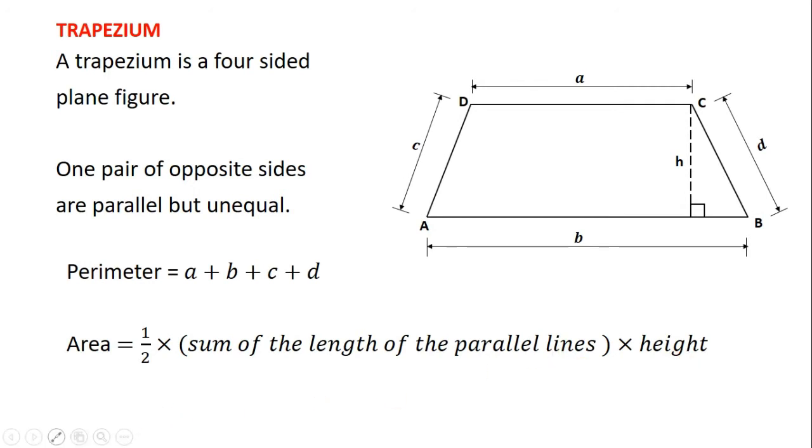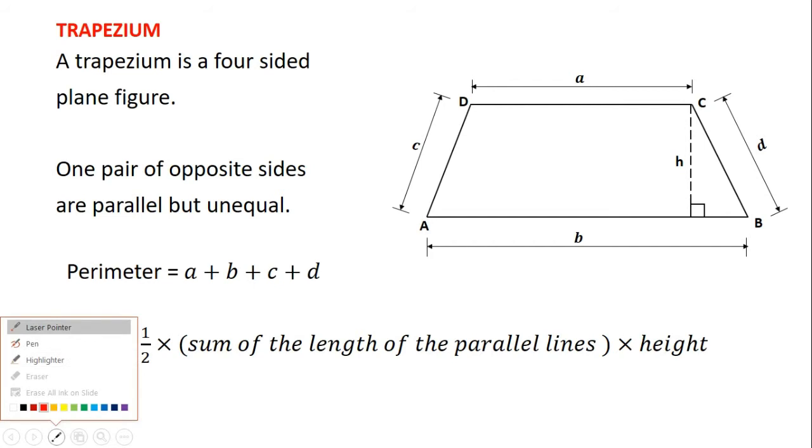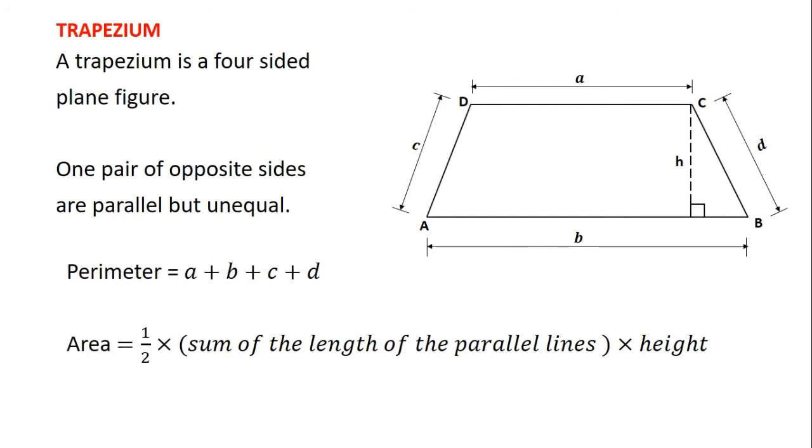We've seen that for trapeziums, one pair of opposite sides are parallel but unequal. To find the area, it is half multiplied by the sum of the lengths of those two parallel lines. So here the two parallel lines are DC and AB.